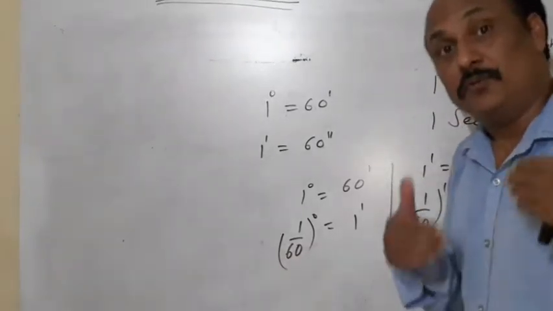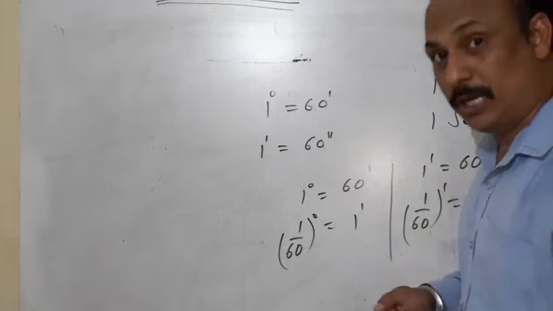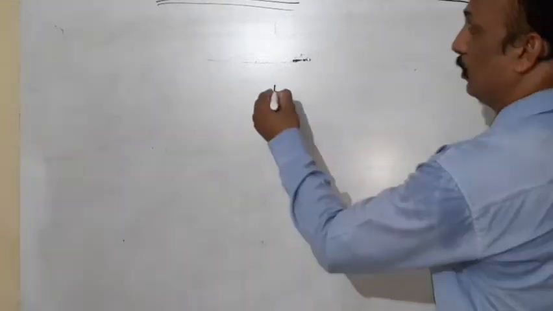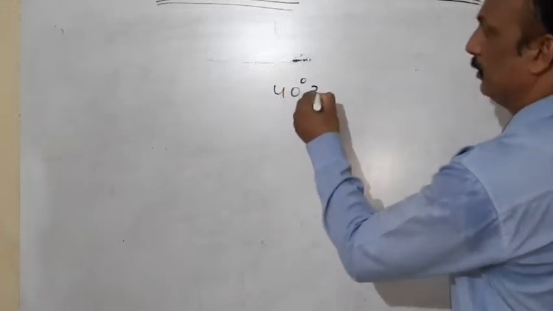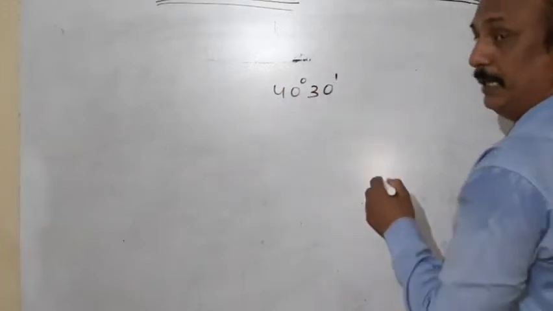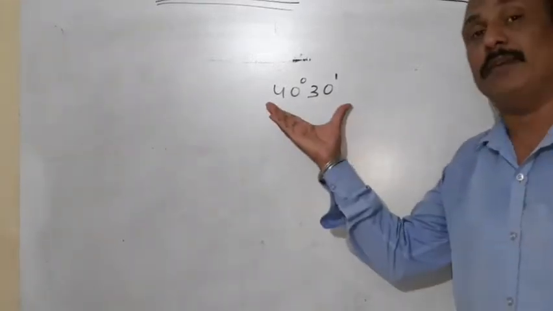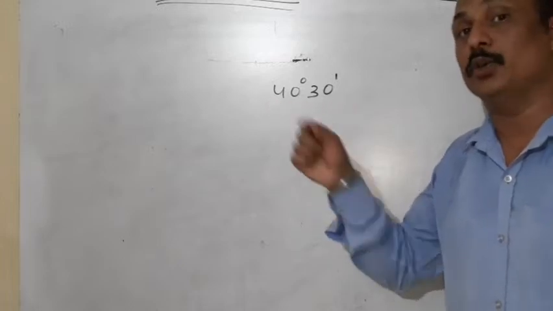Yes, beta. We can use these properties or formulas in examples like 40 degree 30 minute. Yes, it is our angle. We can convert this into degree.